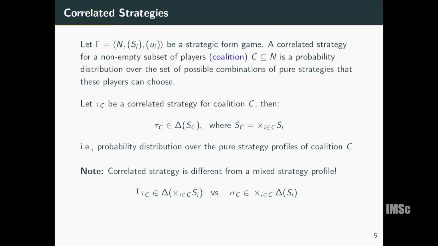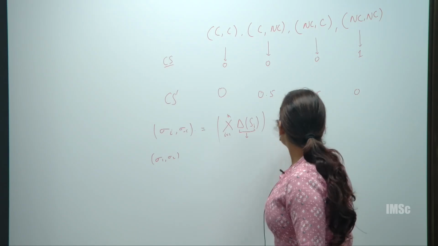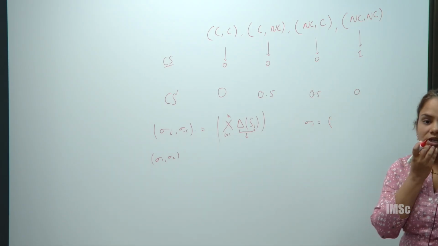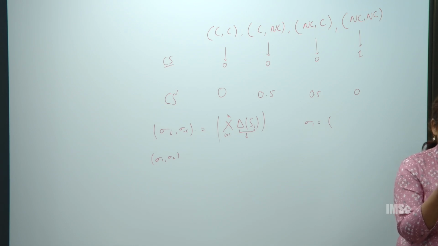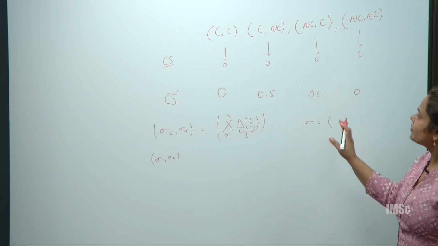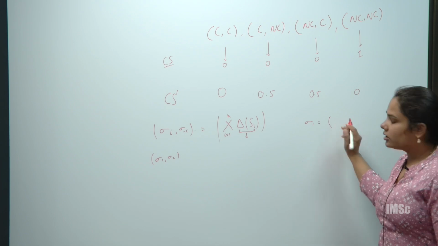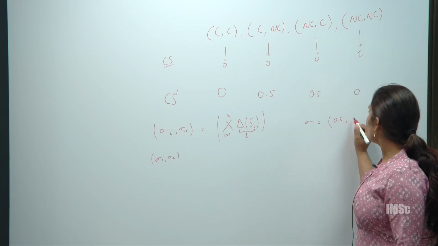Whereas, if I want to see sigma_i comma sigma_minus_i, let us take an example. Suppose I want sigma 1, how will the mixed strategy look here? It is the mixed strategy of player 1. It will give some probability to C and some probability to NC, let's say 0.5 to C and 0.5 to NC.